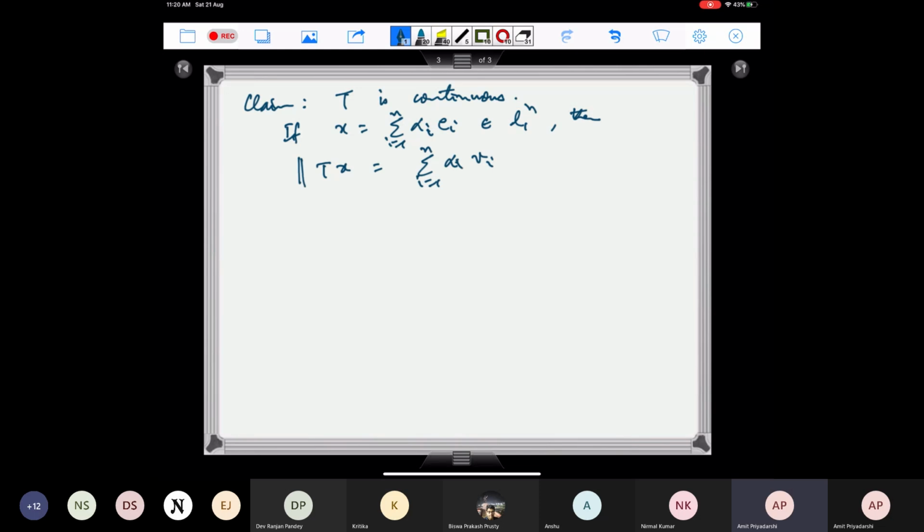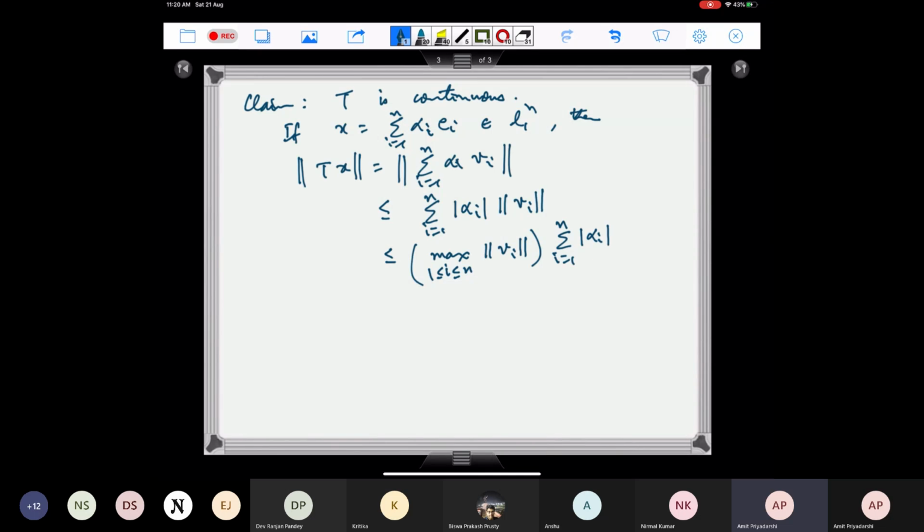If we look at norm of T of x, by triangle inequality this is less than or equal to summation i equal to 1 to n mod alpha i times norm of vi, which is less than or equal to the maximum of norm vi, i varying from 1 to n, a constant, times summation of mod alpha i.